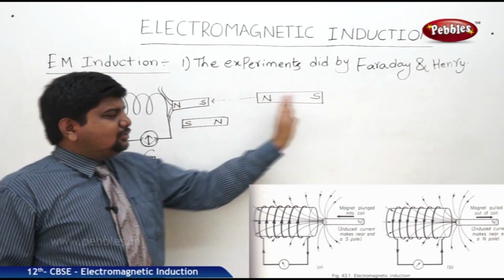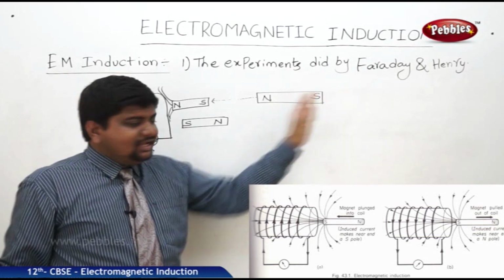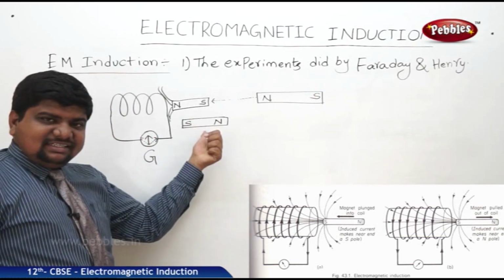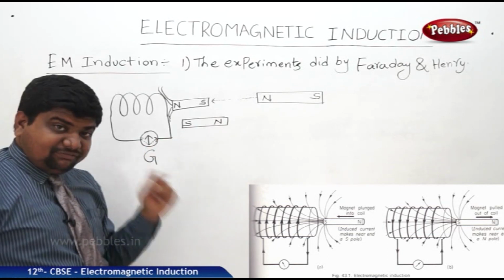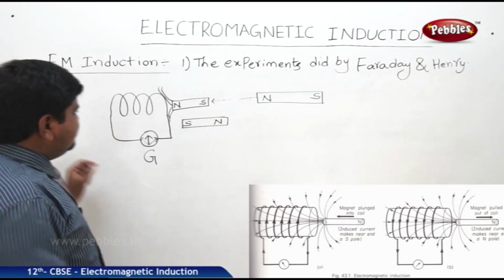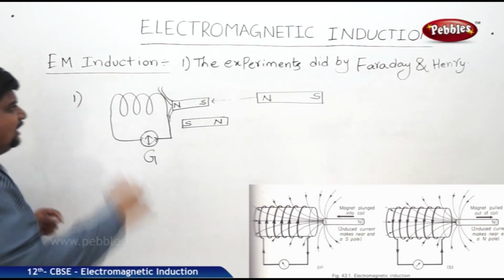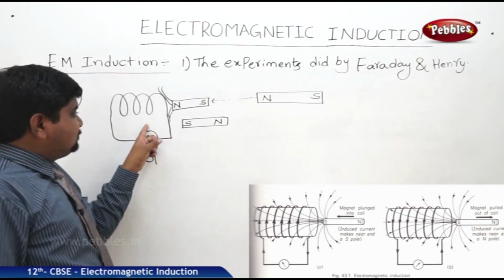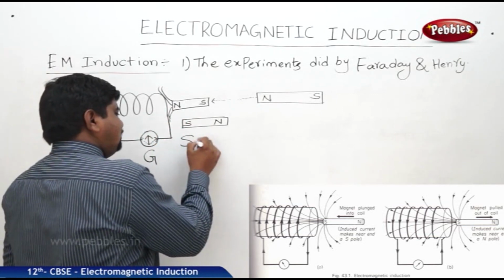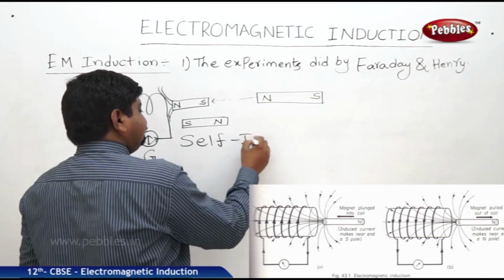When they moved the magnet away, they observed deflections in the opposite order, and when they interchanged the magnetic poles, they again observed the deflections in reverse order. So this is one experiment done by Faraday and Henry with a magnet and coil. This experiment is also called the self-induction experiment.